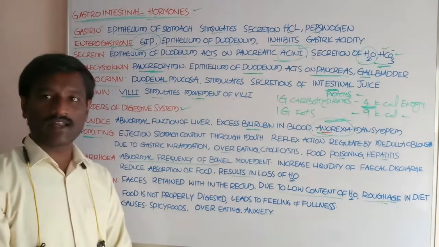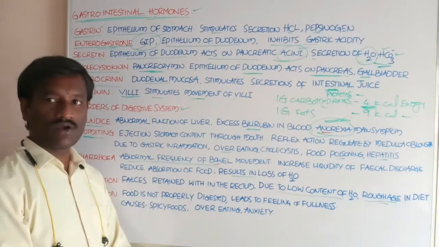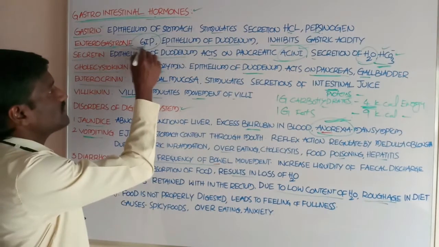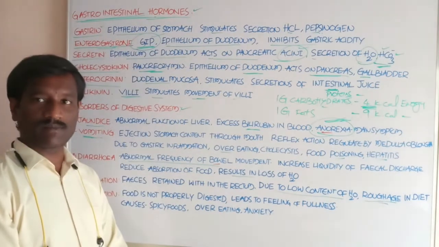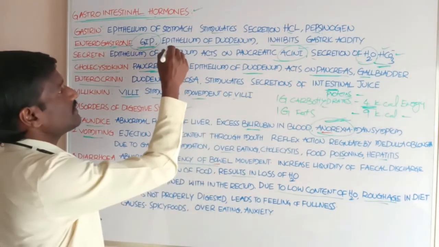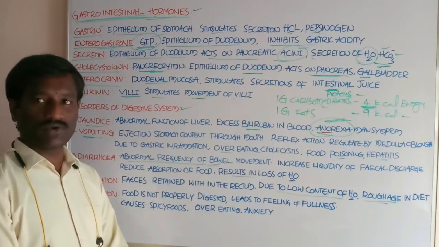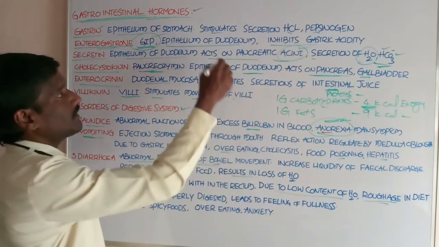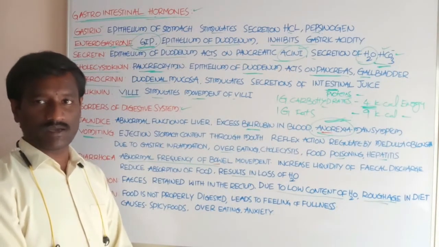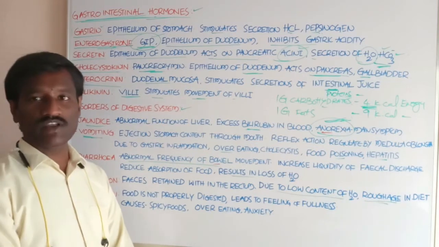Okay, students. Another one is enterogastrone. What about enterogastrone? Enterogastrone is also called gastric inhibitory peptide. It is secreted from the epithelium of the duodenum, meaning the mucosal epithelium present in the duodenum secretes enterogastrone.